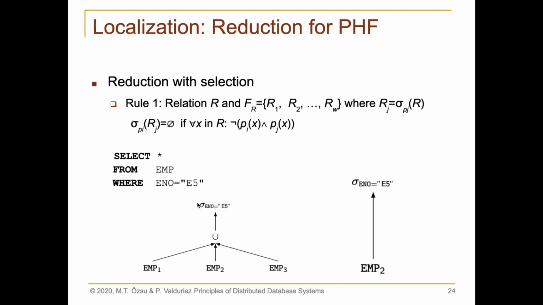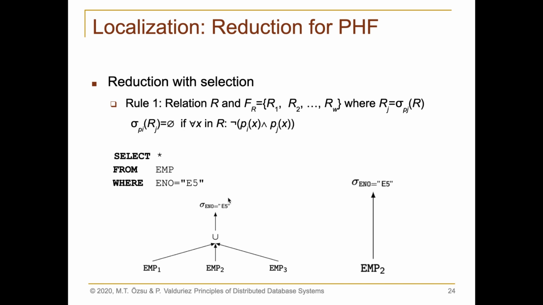By applying the very first principle of data decomposition and localization, we come up with this type of graph. This graph shows the way the employee relation is fragmented and distributed over the network. Any query accessing employee will access the union of employee 1, employee 2, and emp3, and over this union, the selection operation employee number is equal to E5 will be performed.